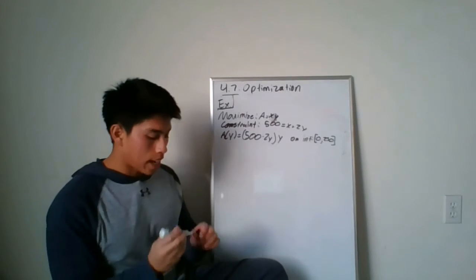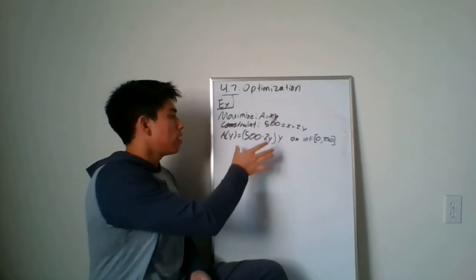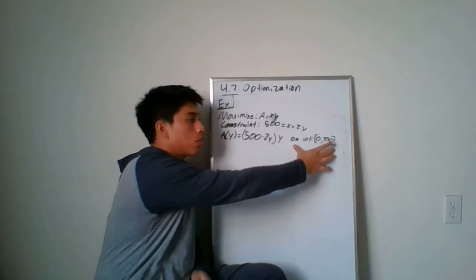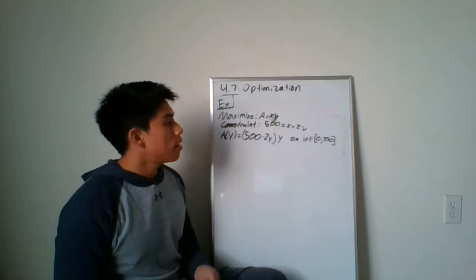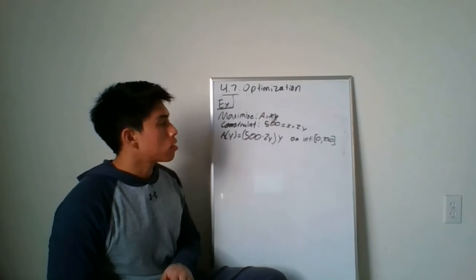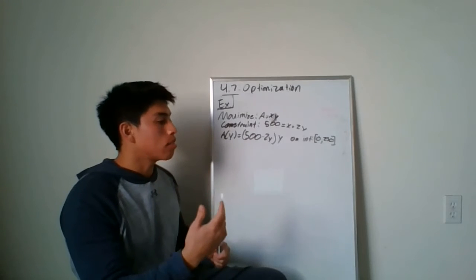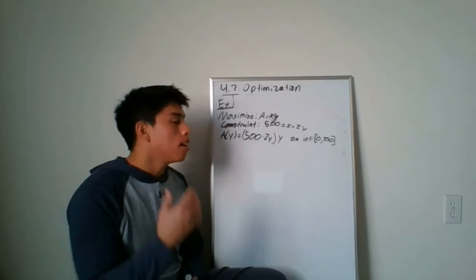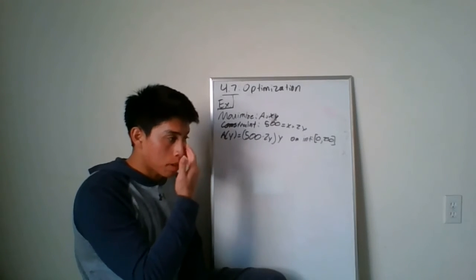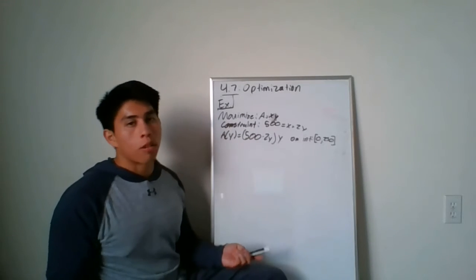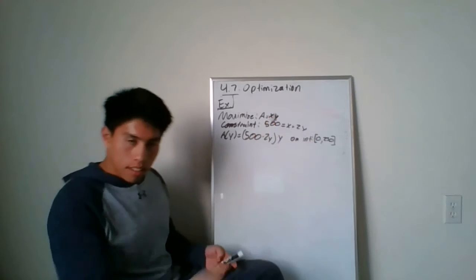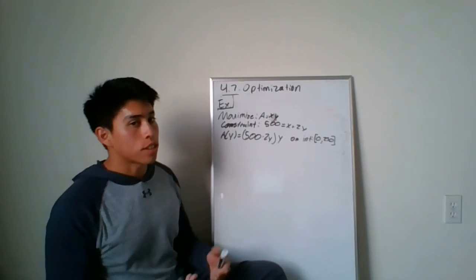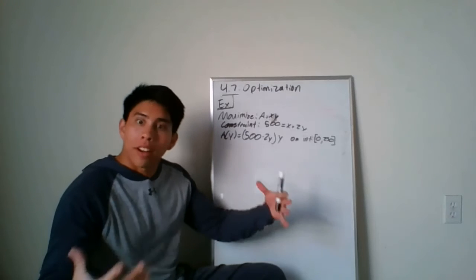So essentially we have an area function on the interval 0 to 250. That just means that our fence can only be 0, which means no fence, or 250, in which if you were to draw it out, it would just be a straight line, essentially. And that's not exactly the best use of our fence to maximize area.